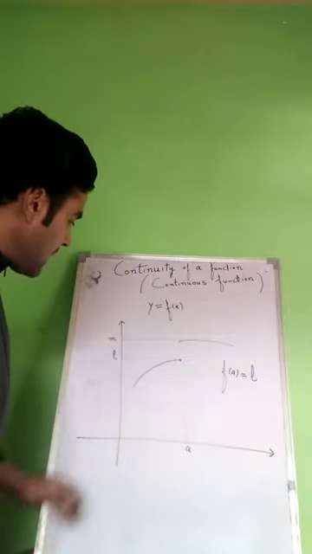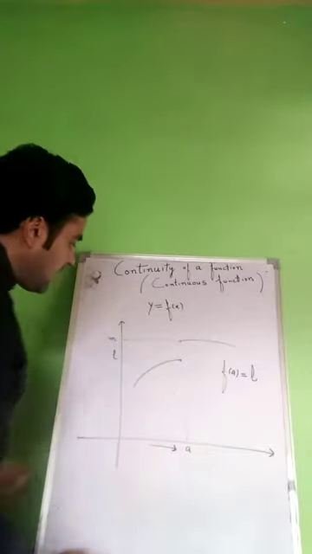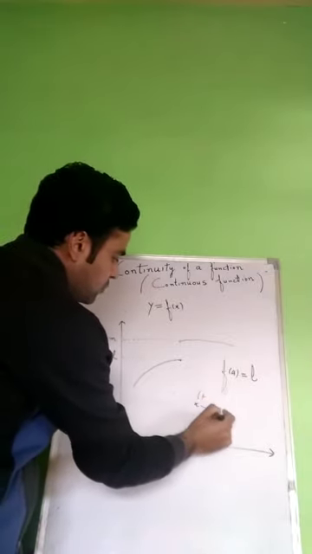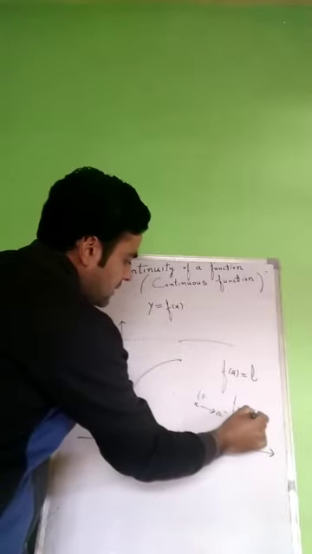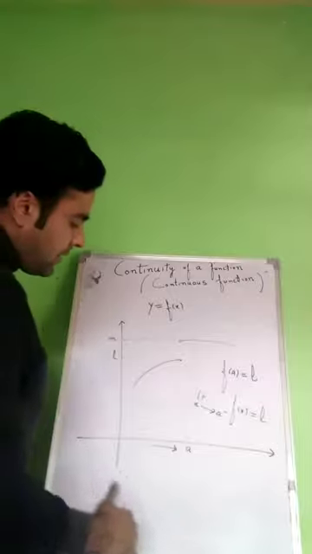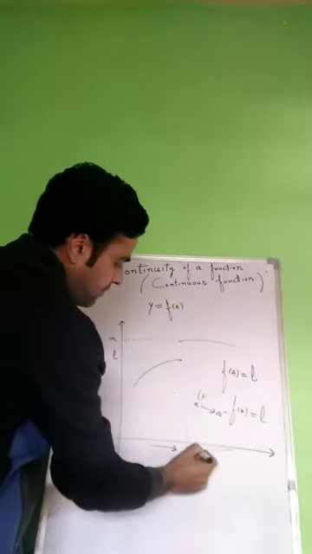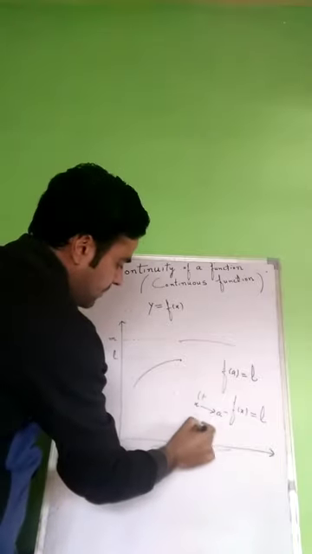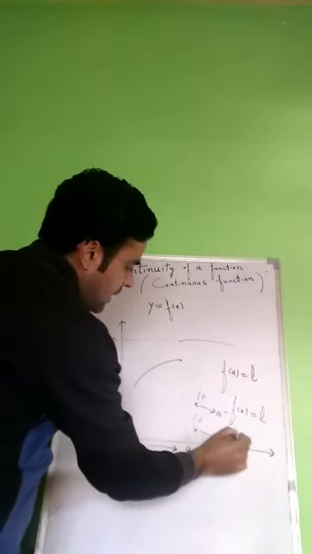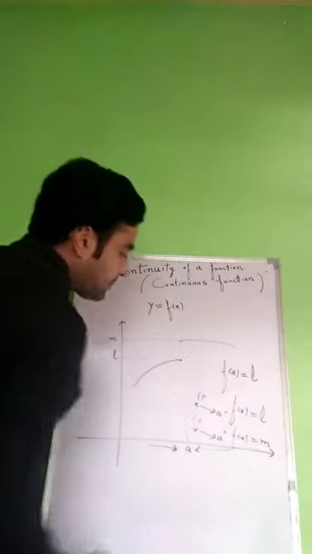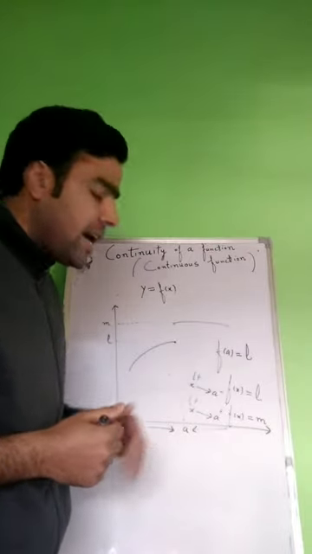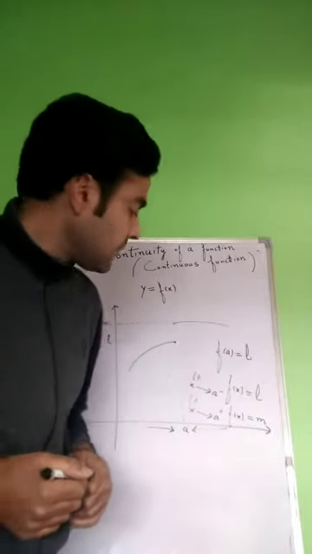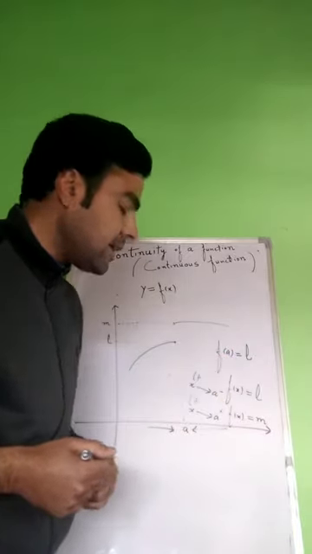Also, as we approach A from left, f(x) approaches this height L. That is, we can write limit x approaches A minus f(x) is equal to L. And when we approach A from right, f(x) approaches the height M, that is, limit x tends to A plus f(x) is equal to M. Now this shows that the limiting value of the function at point A does not exist, as the left hand limit is not equal to the right hand limit.